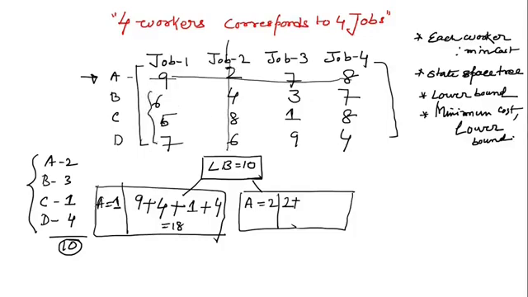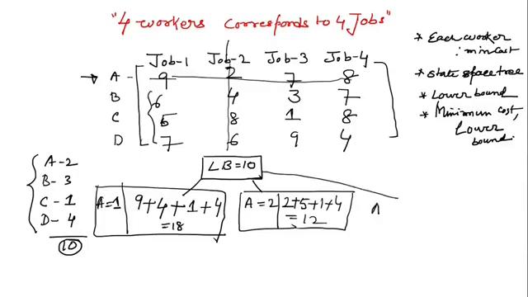So here from job 1 minimum is 5, 5 will be chosen. From here minimum is 1. From here minimum is around 12.